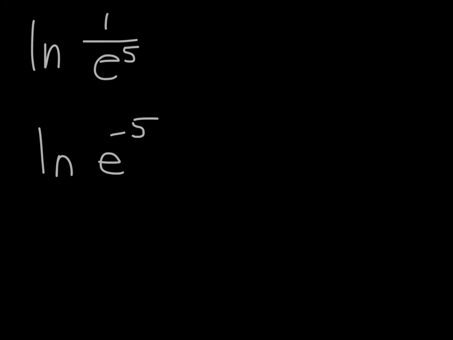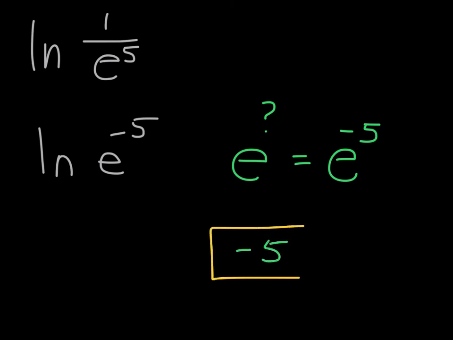So again, the natural log of e to the power of -5 really means, to what power do I need to raise e in order to be equivalent to e to the -5th? Well, your answer is right there. If you raise e to the power of -5, you will get e raised to the power of -5. So your answer is just -5. I hope this is straightforward for you.